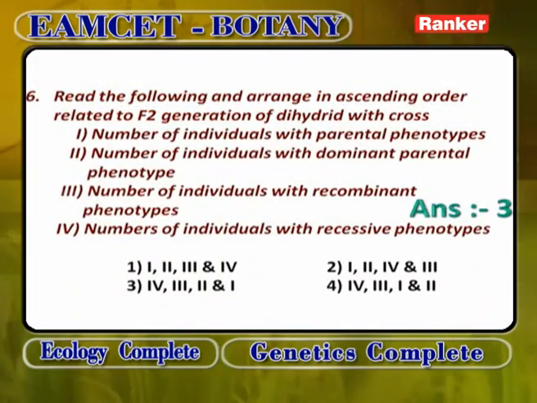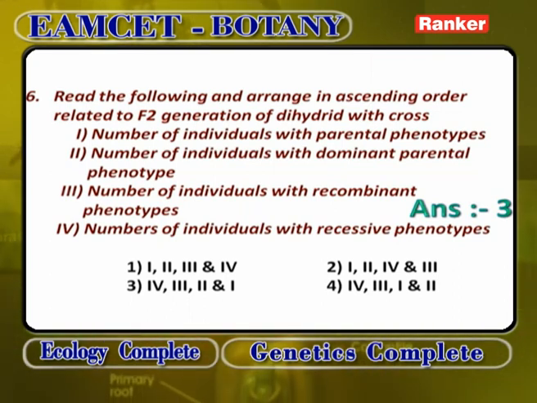Now read the following and arrange in ascending order related to the F2 generation of a dihybrid cross: number of individuals with parental genotypes, number of individuals with dominant parental phenotypes, number of individuals with recombinant phenotypes, and number of individuals with recessive phenotypes. Here we are asking for ascending order, so the least number is the number of individuals with recessive phenotypes, fourth option.